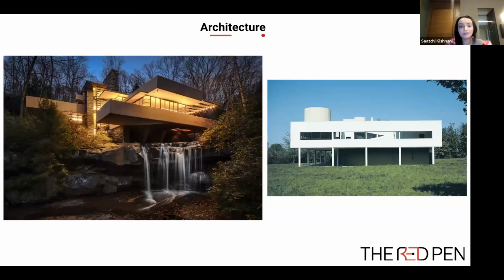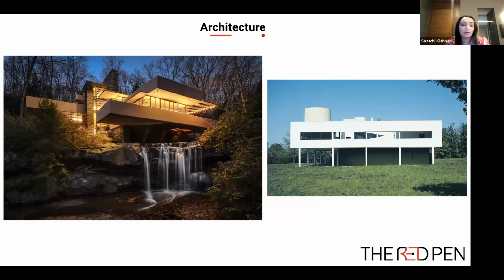This is residential architecture. Again, these are two very prominent architects. On the left is Falling Water by Frank Lloyd Wright, and on the right is Villa Savoye by Mies van der Rohe. If any of y'all are vaguely interested in architecture, these names would be relevant to you. Both are residential architecture, villas and bungalows, but the treatment is so different, right?